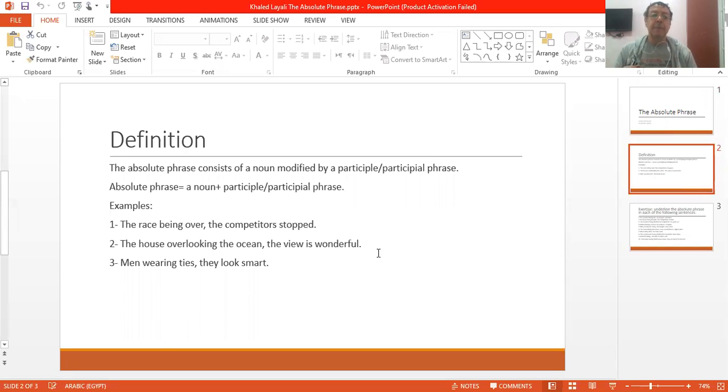So, for example, the absolute phrase, if we want it in a formula form, would include a noun plus a participle modifying that noun, or a noun plus a participial phrase modifying that noun. Give me an example. Number one, the race being over, the competitors stopped.